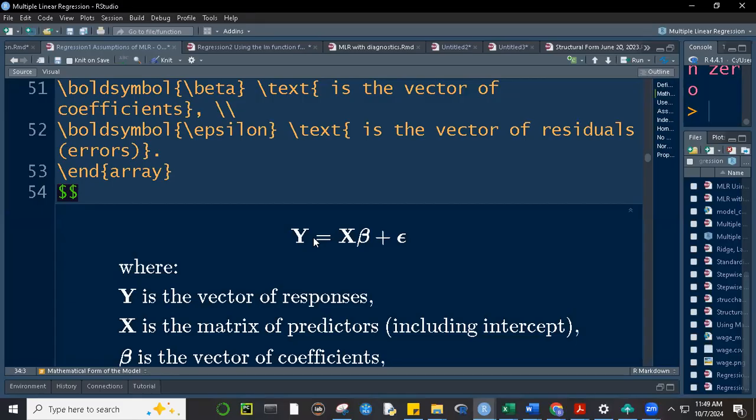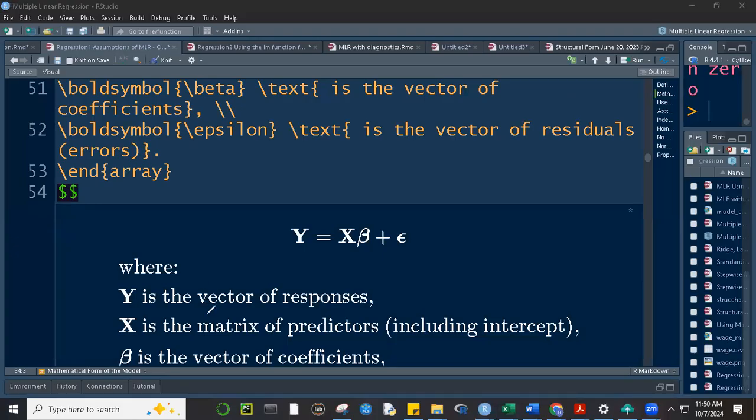Your Y, which is your vector of responses, in our case the vector of your hourly wage, is equal to X. Y is a vector because you only have one dependent variable. X is the matrix, because there are several independent variables. Let me just annotate this. So this is a vector because you only have one.